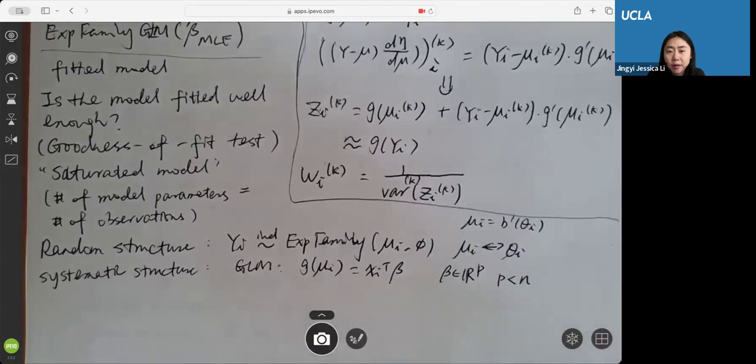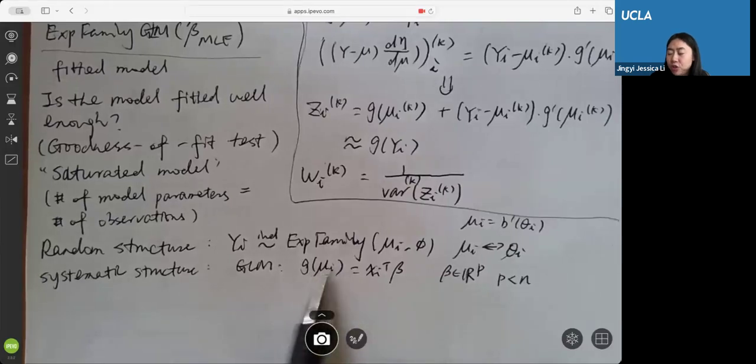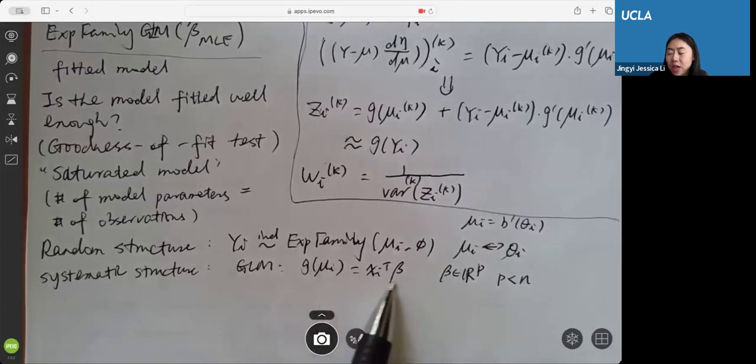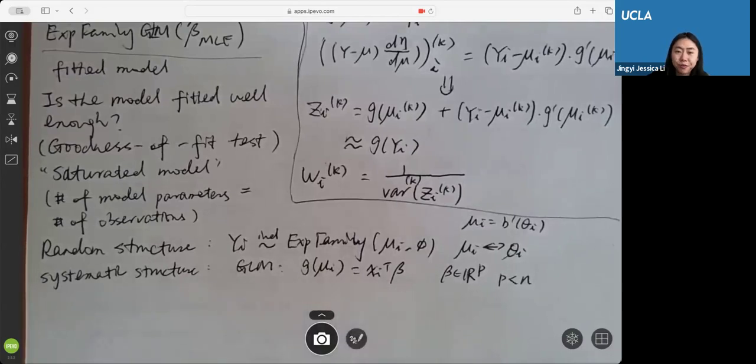However, in the saturated model, we want to give maximum flexibility to those mu_i's, because mu_1 to mu_n are our key parameters. What do we do? We just don't constrain them. We don't try to link them to the predictors to explain each of them. We just let them vary freely.